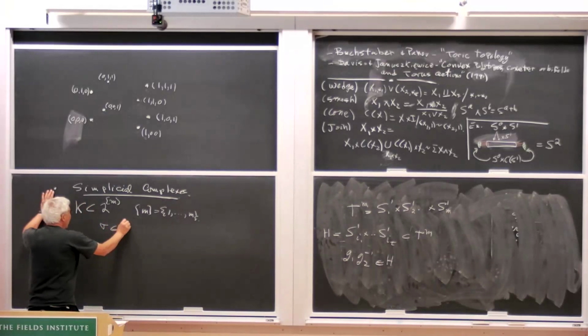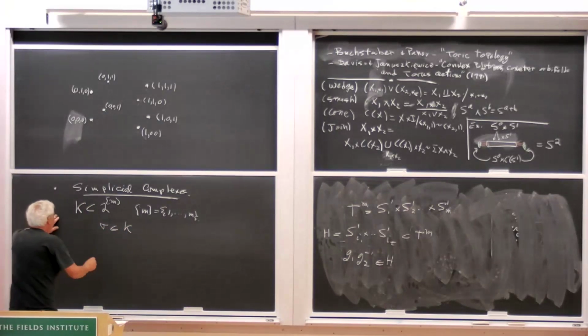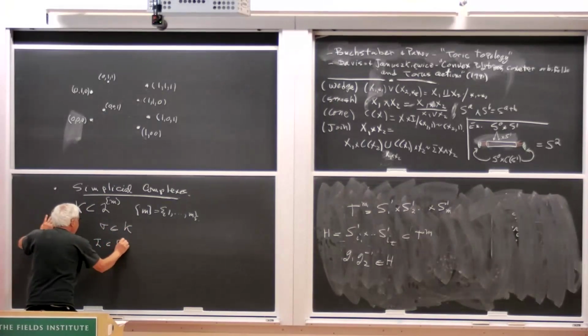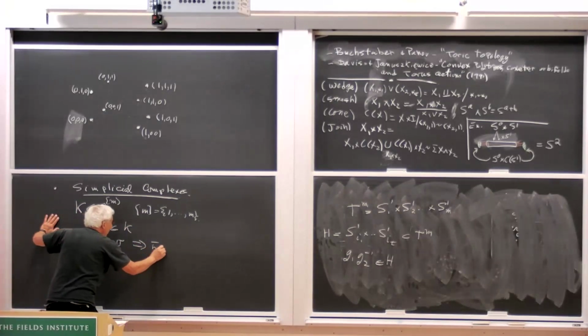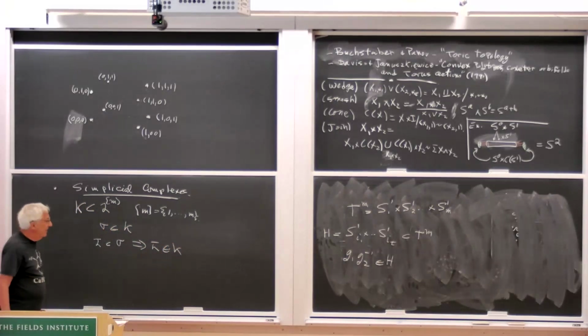If sigma belongs to K, and the subsets that belong to K we call simplices, and if tau is a subset of sigma, then tau must belong to K. That's all it is. That's a simplicial complex.